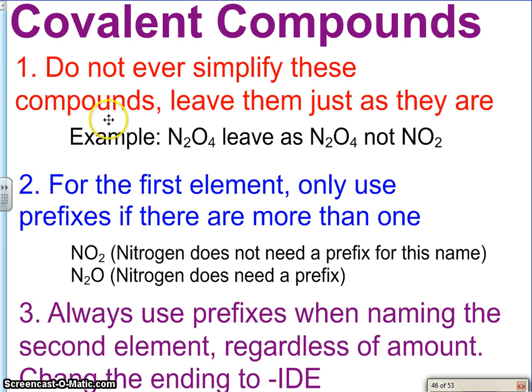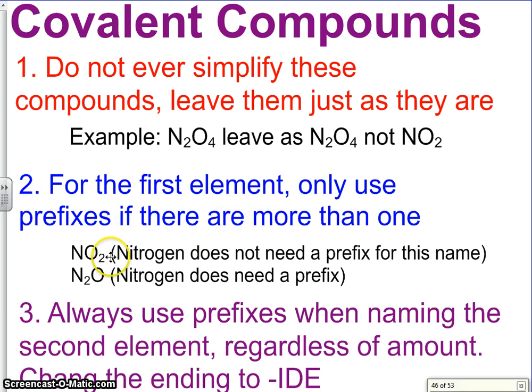When we're naming these, first and foremost, something to know, do not ever simplify these. We simplify ionic compounds. We do not, for any reason, simplify covalents. They are what they are. So N2O4 is N2O4. It is not the same thing as NO2. And that's again because these aren't charges. They're actual numeric values of what's being bonded together. Okay? For the first element, use its prefix if it needs it.